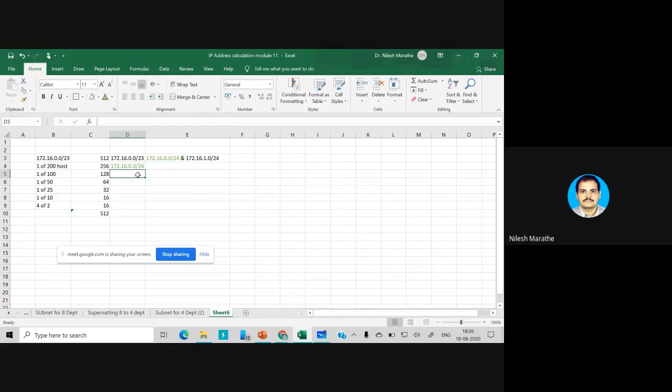We cannot go for 0.0. The available one is 172.16.1.0. Yes or no?